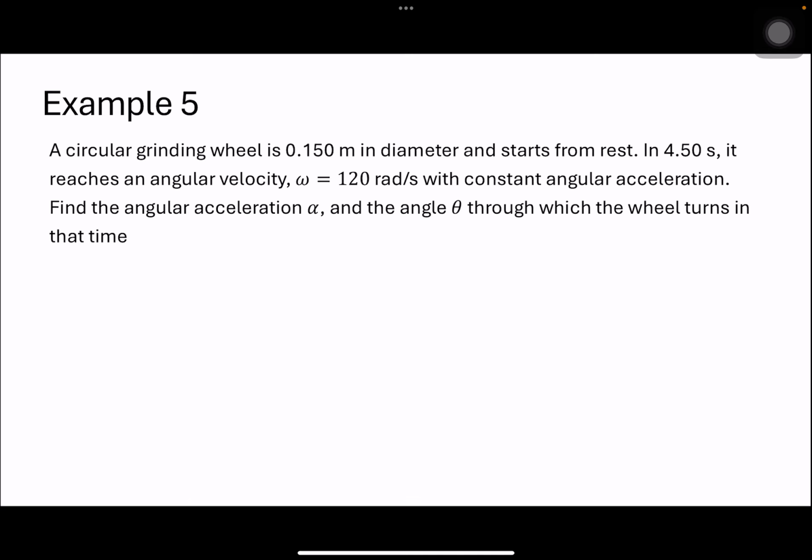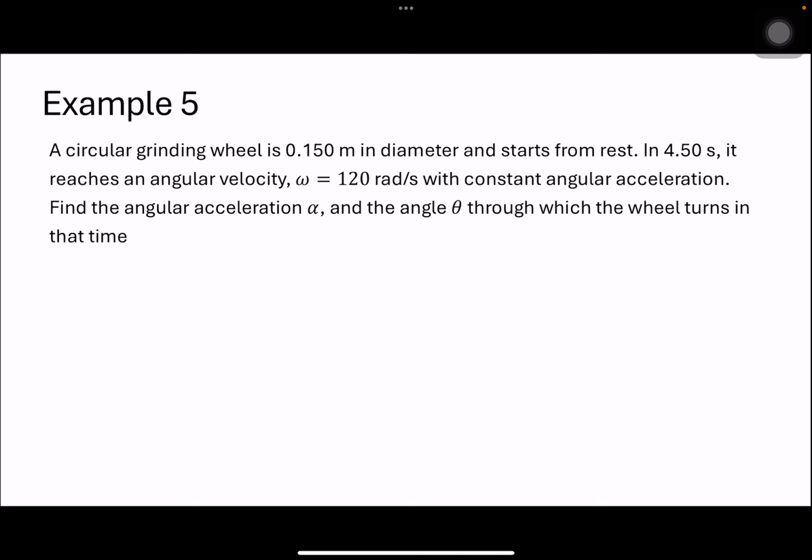And for example number 5, a circular grinding wheel which is 0.15 meters in diameter starts from rest, and in 4.5 seconds it reaches an angular velocity of 120 radians per second with constant angular acceleration. You're asked to find the angular acceleration alpha and the angle theta through which the wheel turns in that time.